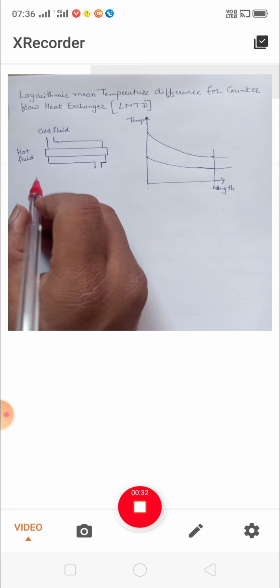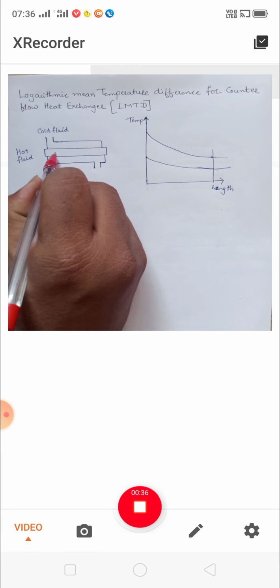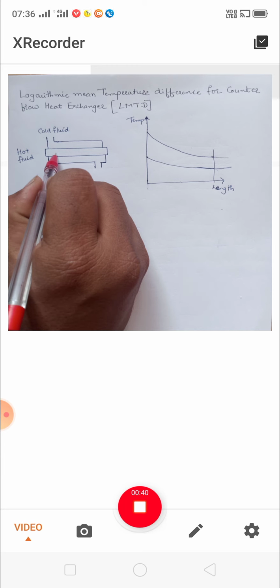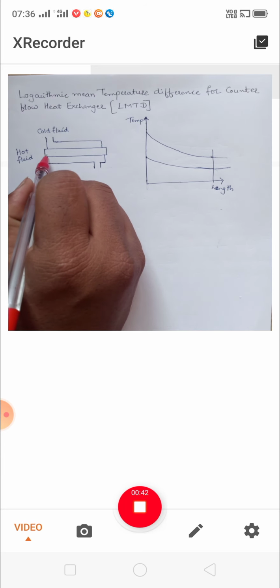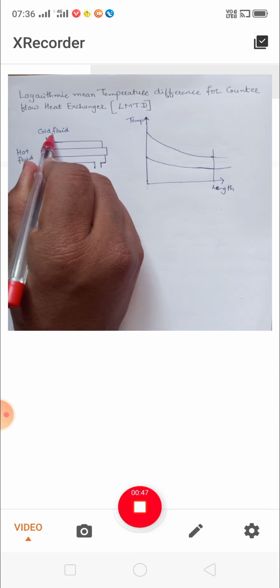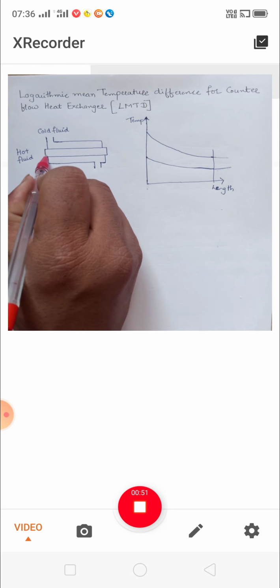So consider a double pipe heat exchanger in which both the fluids, hot fluid and cold fluid, flow in a direction opposite to each other.